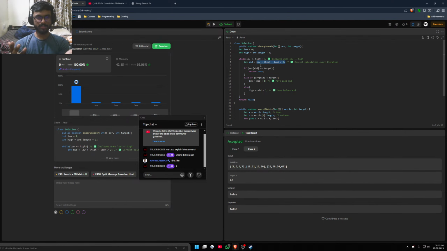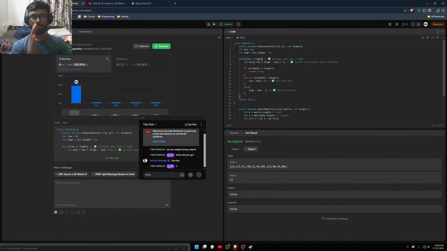What I said, low plus high by 2, is more than enough. I just took this binary search from ChatGPT, so that's why it has given a different code. You can directly do (low plus high) by 2, that is also fine.